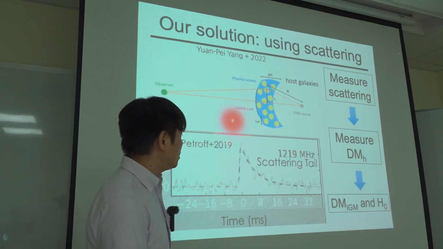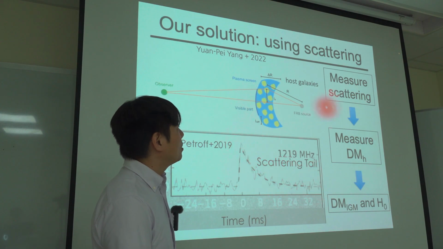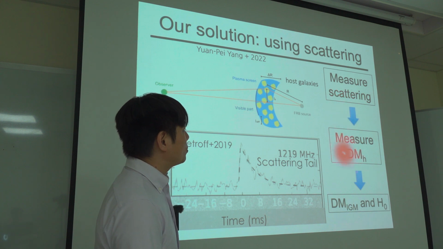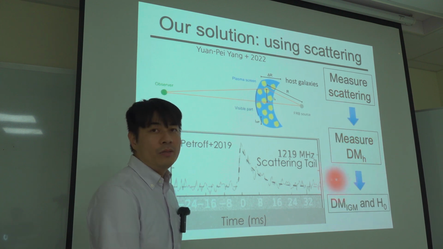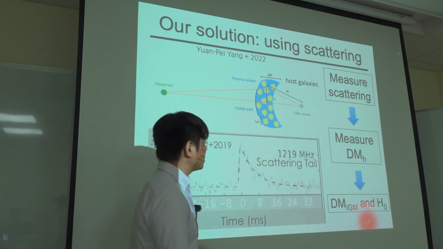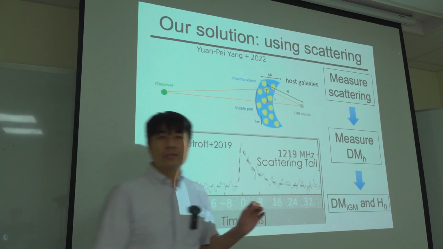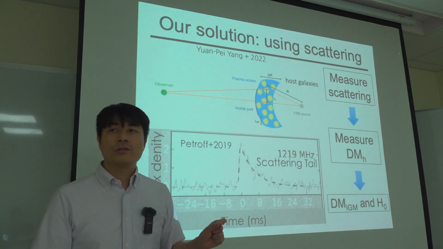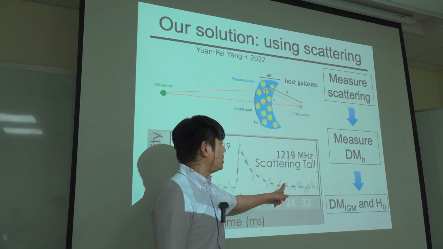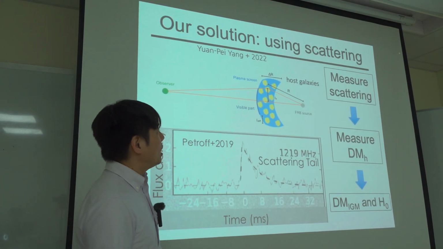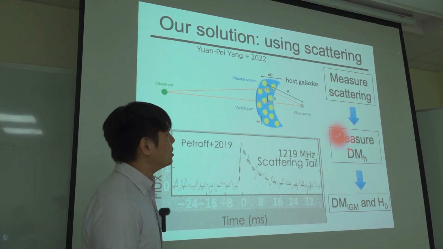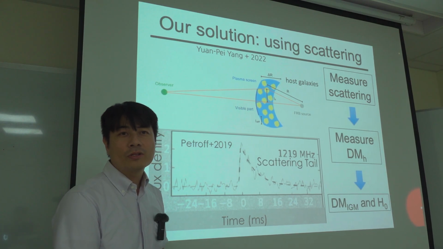So by measuring how much scatter you have, this can be, assuming some theory here, converted to the amount of plasma in the host galaxy. So the starting point is measurement. We don't need to assume a certain number or value for DM host. We can measure this degree of scatter and then convert it to the DM host. So this is measuring DM host, not assuming.